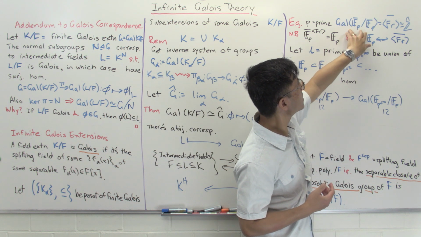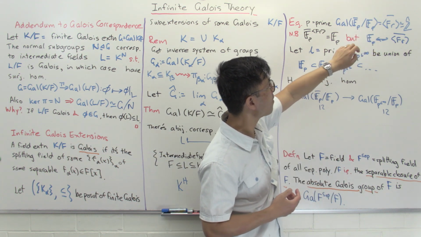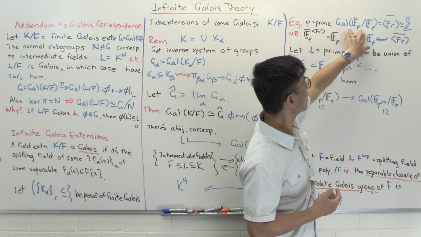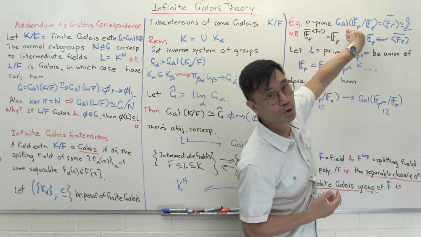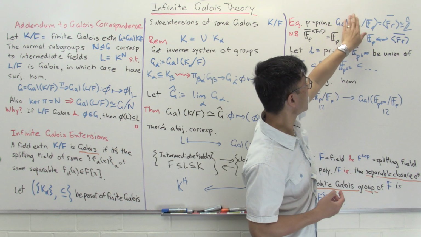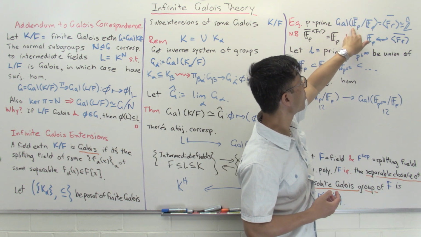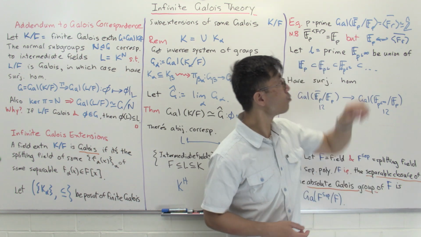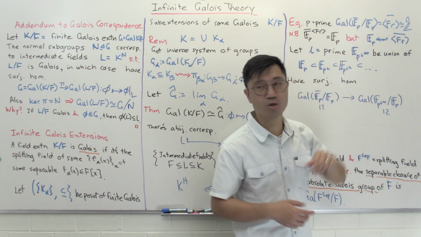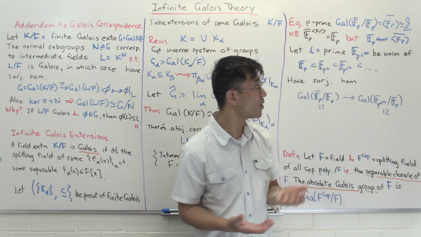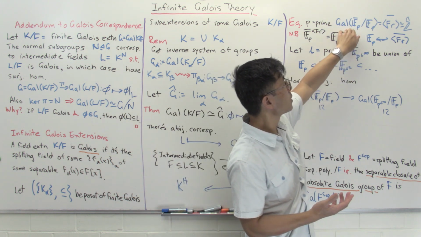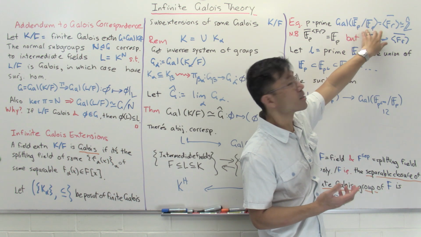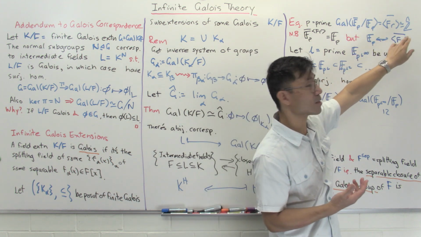So what is this? Firstly, because this is characteristic p, there's a Frobenius automorphism on this Fp bar. And we can also write this Fp bar as a union of all the finite fields. The Galois group of a finite field over Fp is a cyclic group generated by the Frobenius.